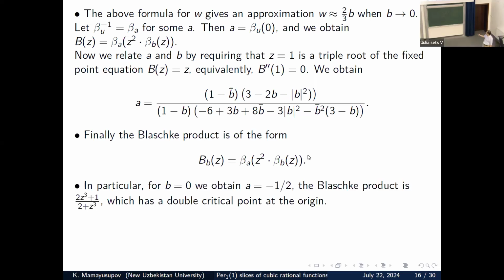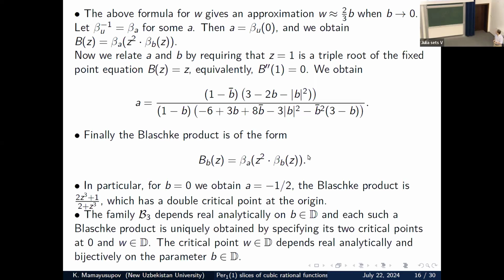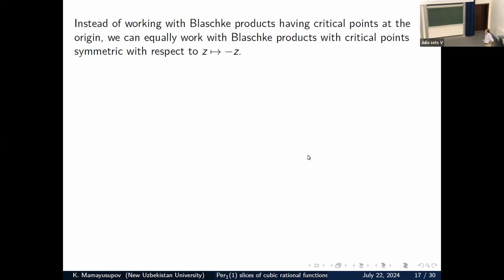And also this normal form gives you the case when you have a double critical point at the origin, and it gives you this explicit example. Okay, as we can see, it depends real analytically, and the critical point also depends real analytically and bijectively on the parameter B. Now you have two critical points.